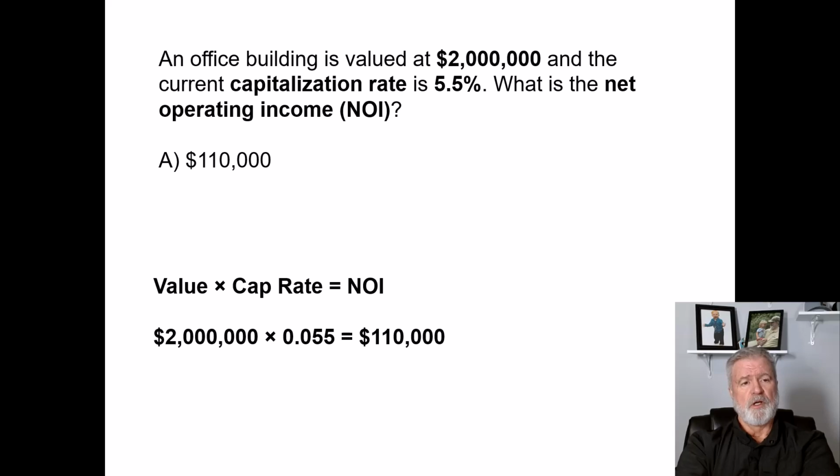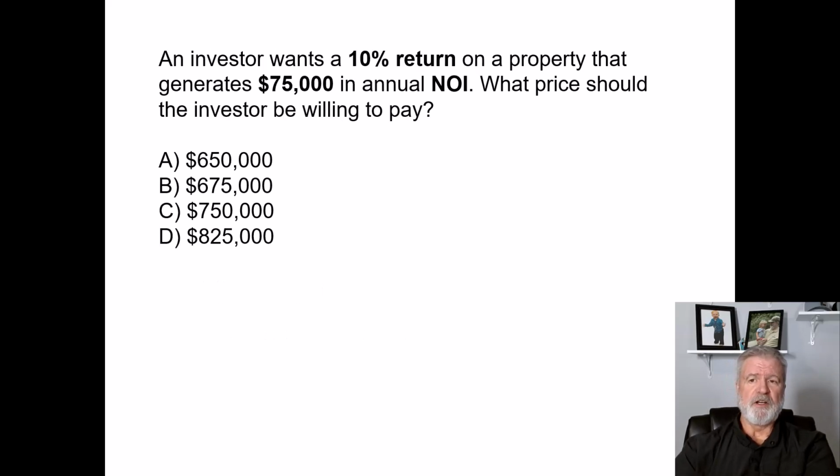Okay. All right, so let's do one more. Getting used to these calculators. An investor wants a 10% return. Y'all, that's the capitalization. When they talk about a return on their investment, they're talking about the capitalization. So we know the cap rate's going to be 10% on a property that generates $75,000 in annual net income.